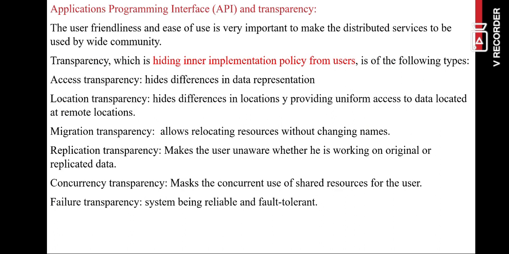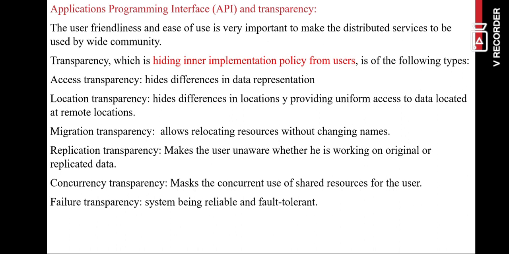The API should provide user friendliness and it should be very easy for the user to use the distributed services. Transparency means hiding the inner implementation from the user. Here we have so many types. The first one is access transparency.